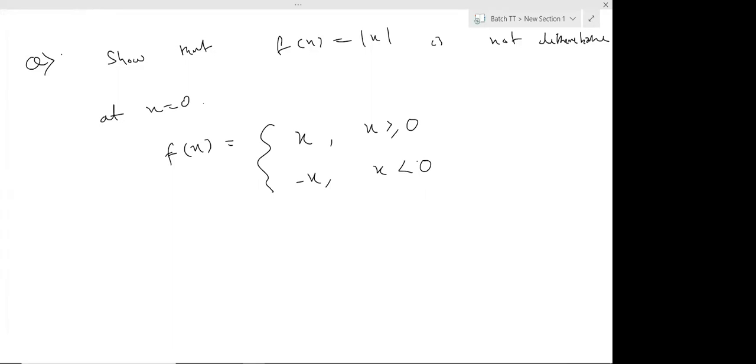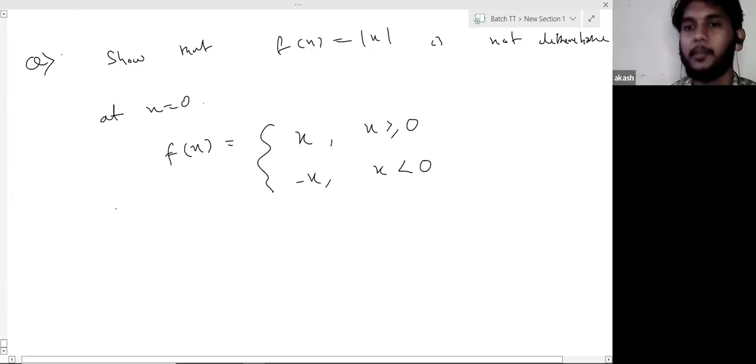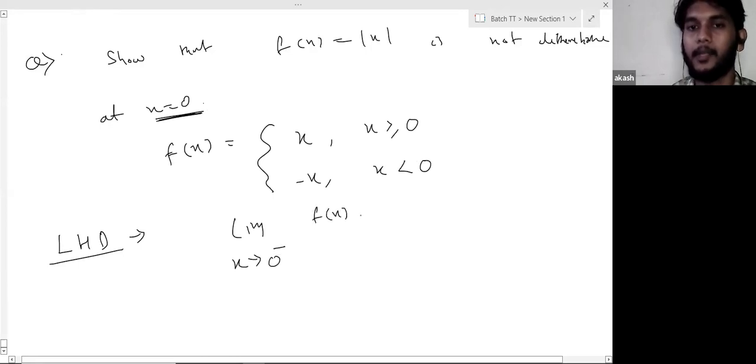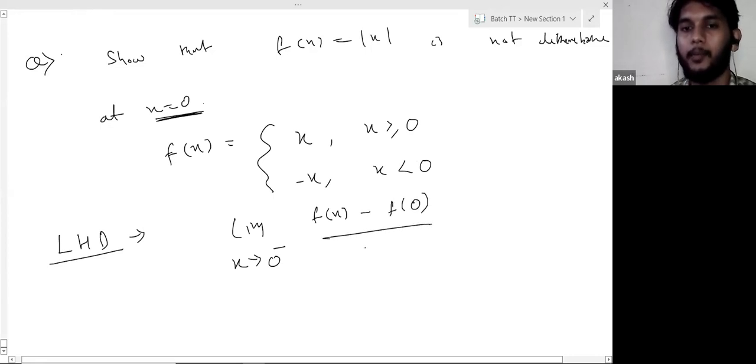Clear, sir. So now to find differentiability, we have to find LSD. LSD will be limit x tending to c minus. What is c here? We are finding the differentiability at 0. So 0 minus, f of x minus f of c, so f of 0, upon x minus c.